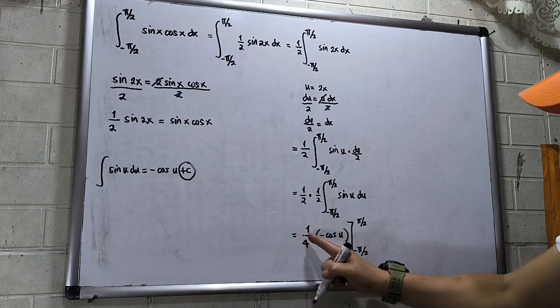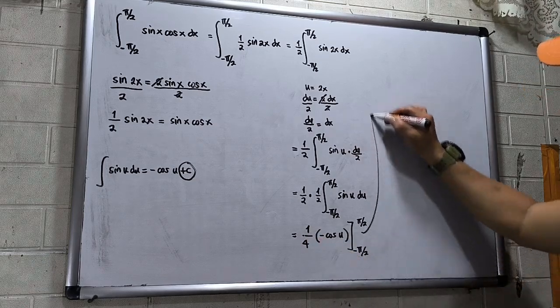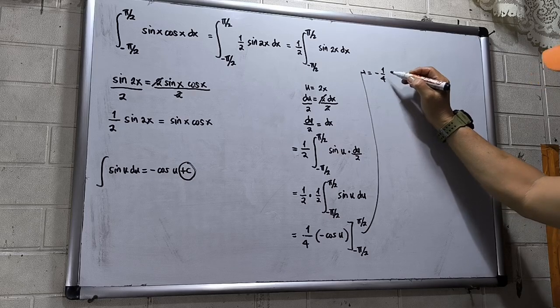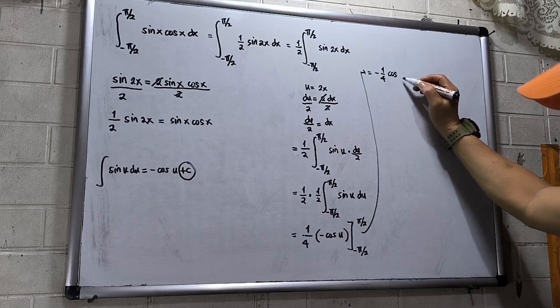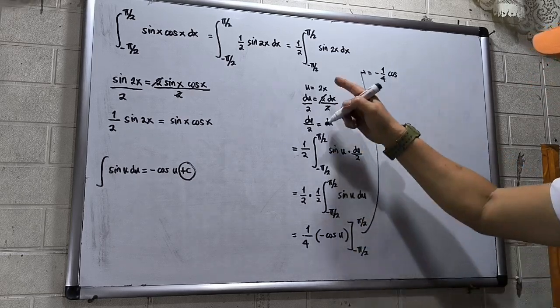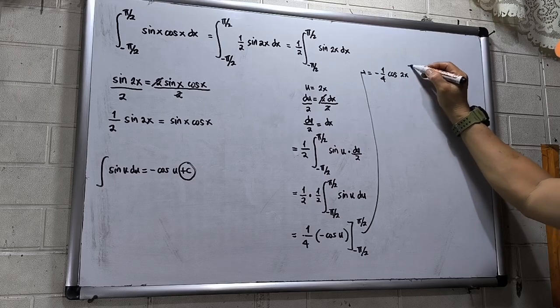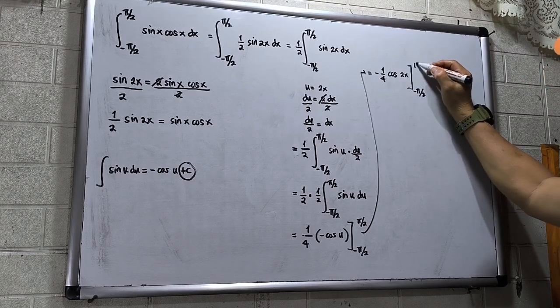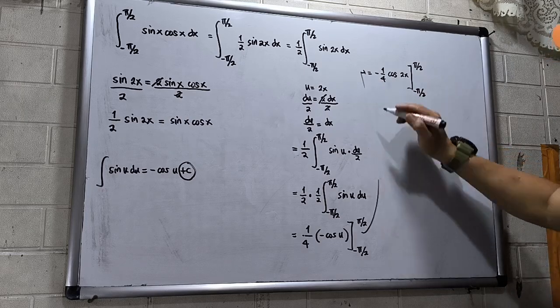So 1/4 times negative 1 is equal to negative 1 over 4. Then cosine u, where u is 2x, with limits from negative pi over 2 to positive pi over 2.